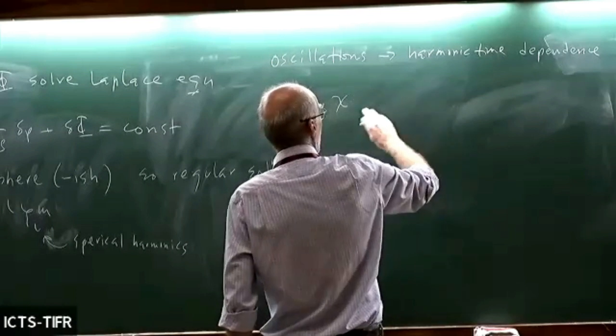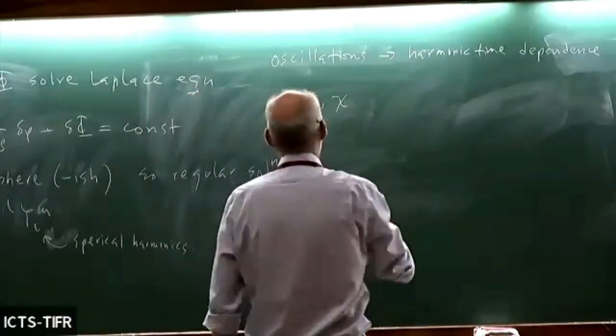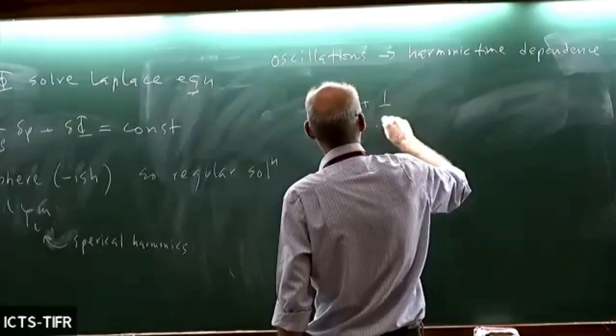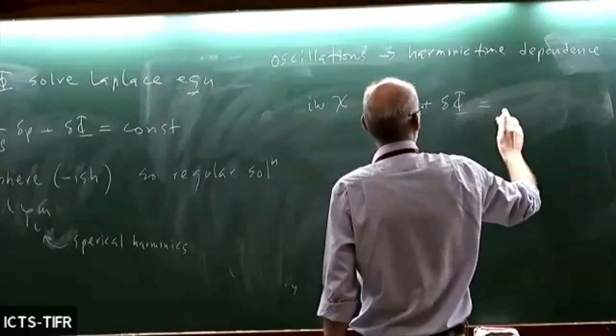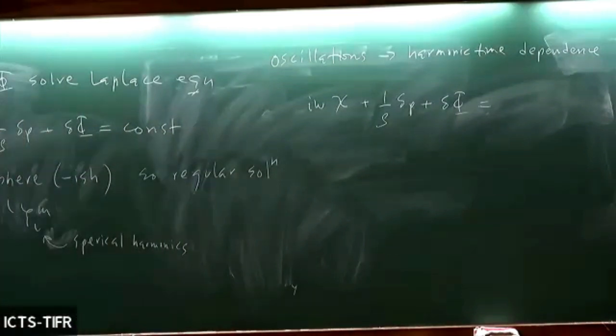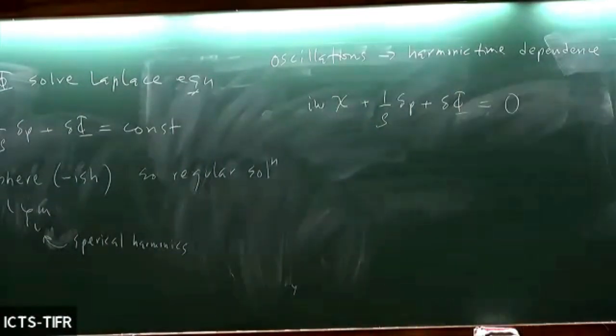Chi, and now bastardizing the notation by not changing these guys, just letting them be the same. They all depend like that. And now, over here, because I know these guys are regular, I can go to the center and say, well, these all vanish. So these will all vanish at the center, and therefore that constant has to vanish. Okay? So that's the equation I need.